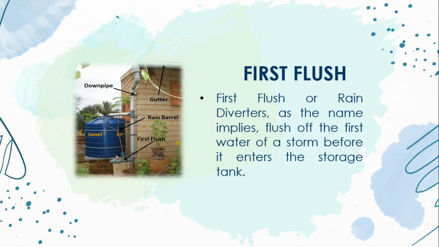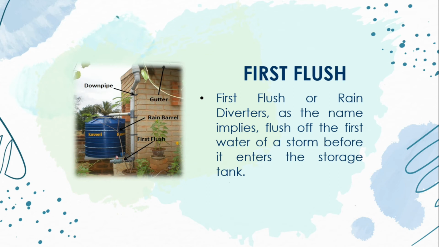Next is the first flush or rain diverters, as the name implies. This flushes off the first water of a storm before it enters the storage tank or away from a rainwater catchment system. Bakit ba kailangan ng first flush sa isang rainwater harvesting system? Every time kasi na umuulan, yung first pass ng water ay yung naglilinis ng mga sediments na naipon sa roof simula ng last time na umulan.